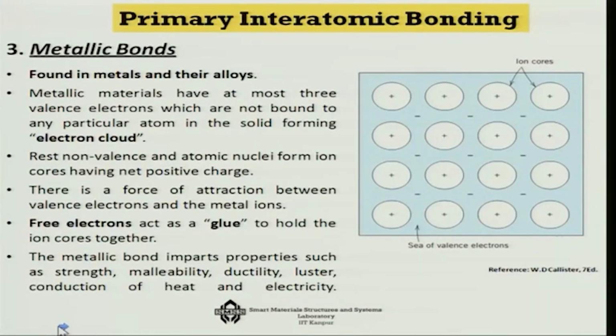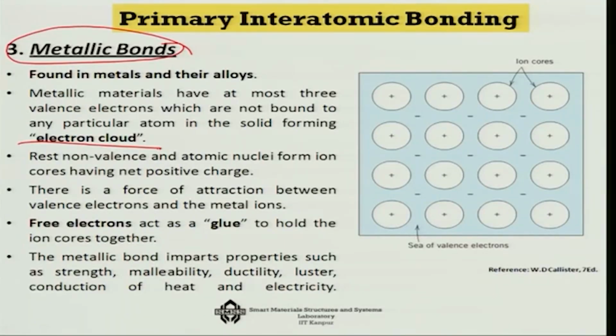Now, other than these bonds, there is another primary interatomic bond, which is known as the metallic bond. For metals, this happens in a somewhat different manner. Every metallic atom is ready to give up some of its electrons and form a general pool of electrons, sometimes known as an electron cloud.